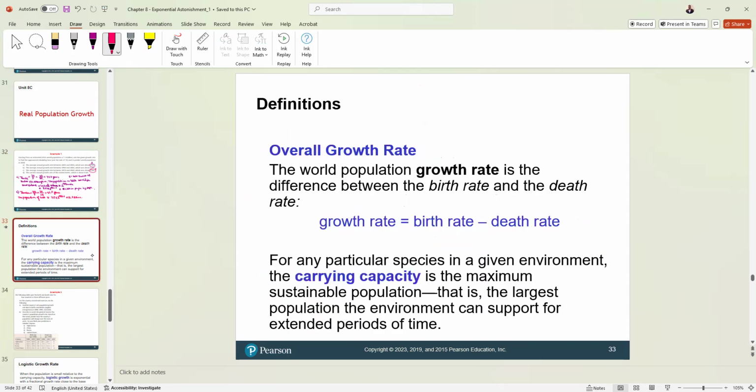Let's go with the definitions. Of course, we have so much to cover in this one, but it's important to talk about the overall growth. So, what determines the growth rate exactly? The world population growth is simply the difference between the birth rate and the death rate, right? If you know birth rate and you know death rate, you can find the world population growth rate, right?